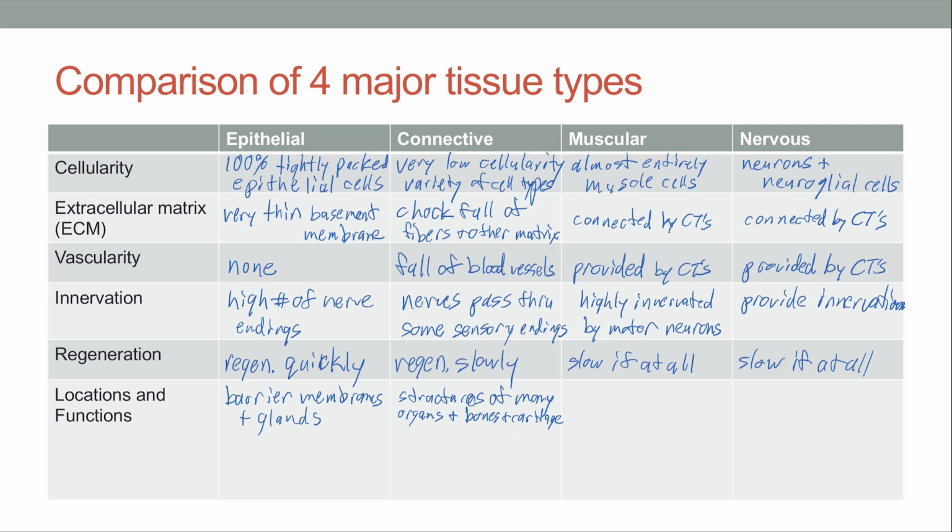Muscular tissue is found in muscles, of course, also found in the heart wall, also found in walls of what we might call hollow organs, those that need the ability to change their size and so have smooth muscle layers that can adjust their size.